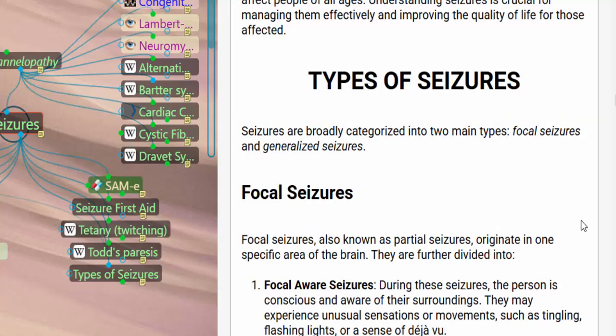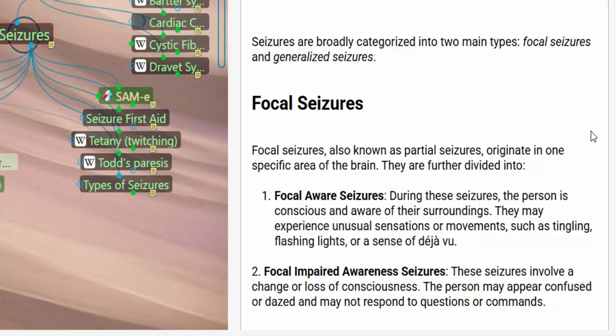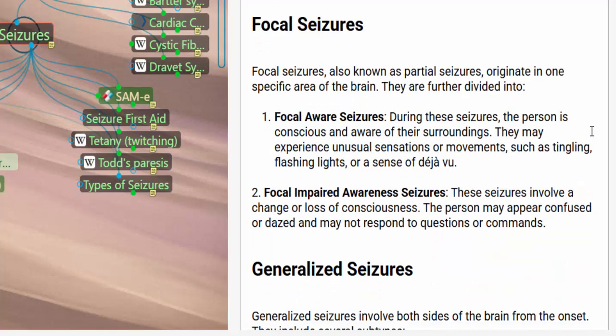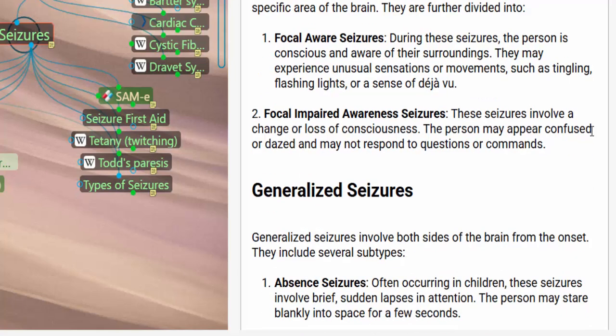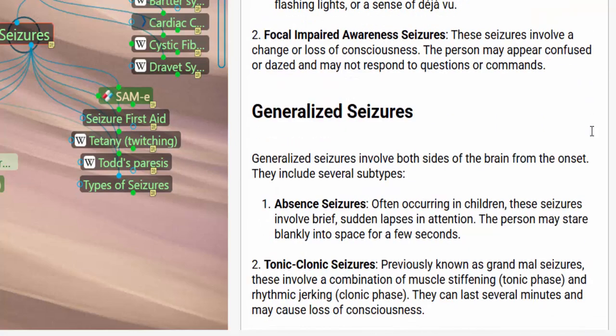This is just a broad categorization into two main types, focal seizures and generalized. So focal are just partial seizures. They originate in just one specific area of the brain. They're divided into focal awareness seizures, and in those, the person is still conscious and aware of their surroundings. Focal impaired awareness seizures, obviously, involve a change or loss of consciousness.